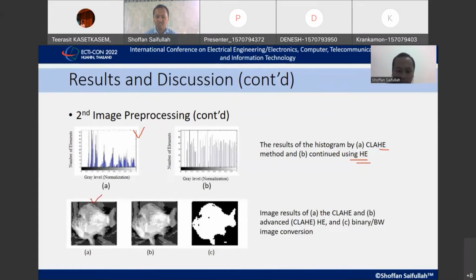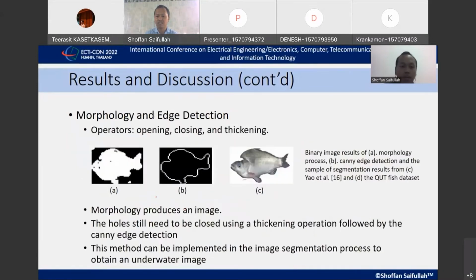The first is the image result that we got with GLHA, and this is for the combination of GLSA, and this is the conversion from GLSA to get the image before segmentation by morphology and edge detection. So based on the previous result, the first image we got, we will process by morphology and edge detection.